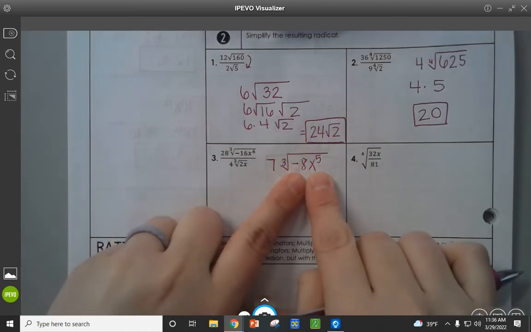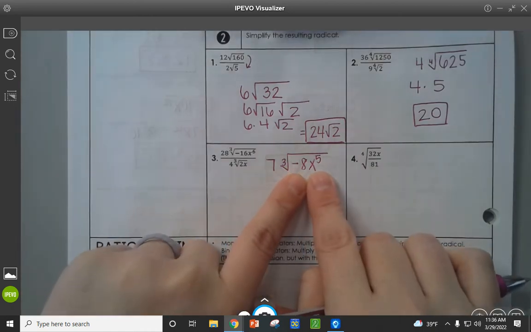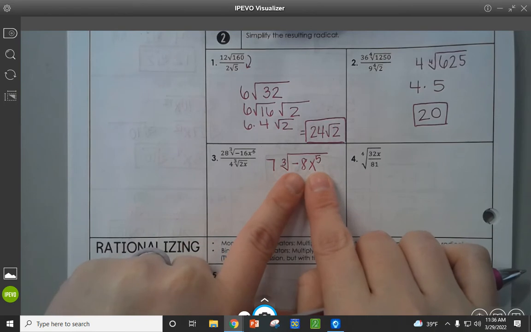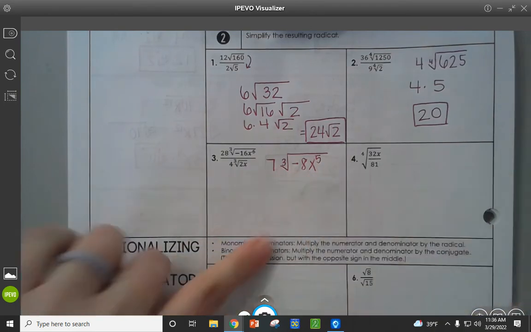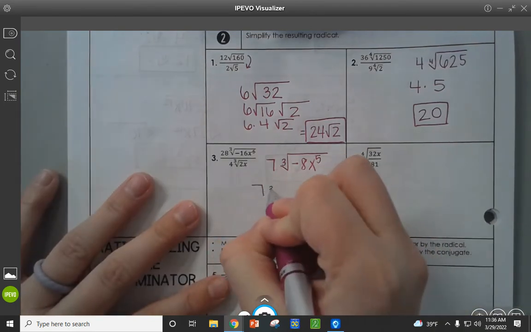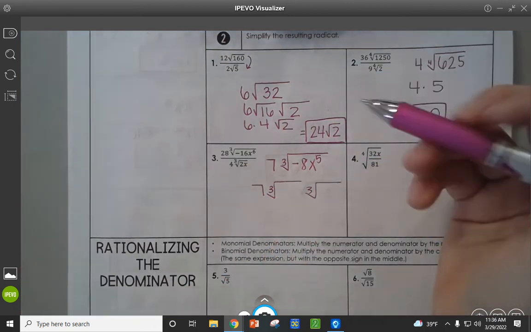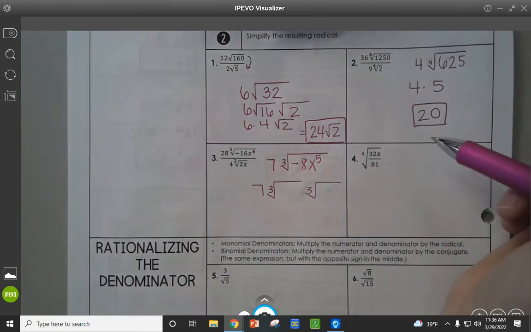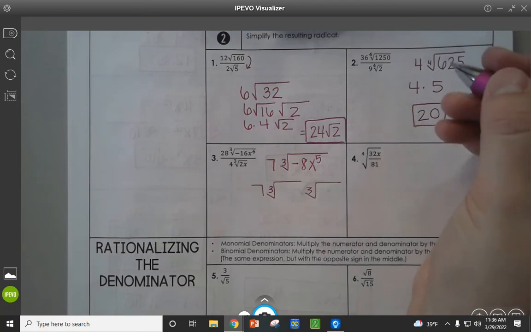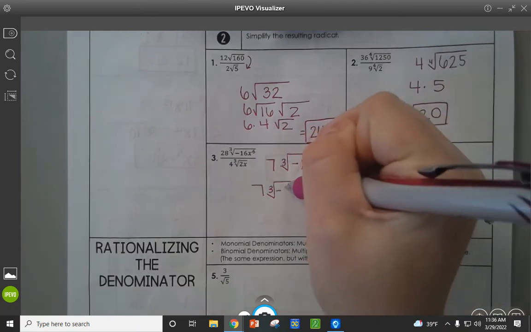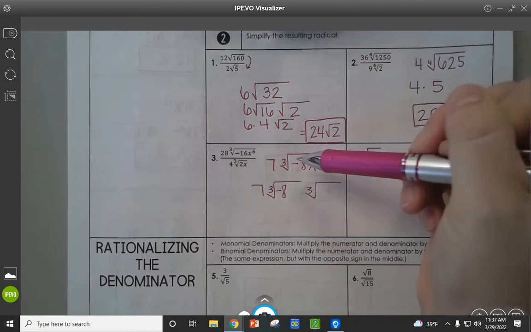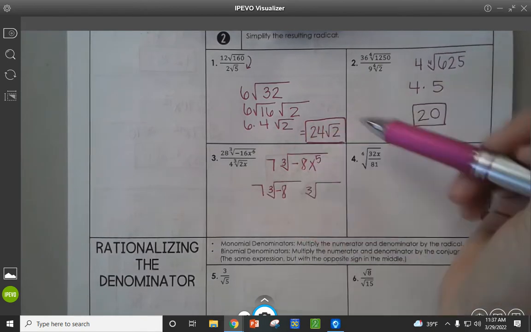Now, are both of these perfect cubes? No. Everything in there is not a perfect cube, so we have to split it up. Is the negative 8 perfect? Yes. And remember, when you're doing cube, you put the negative on the perfect side.